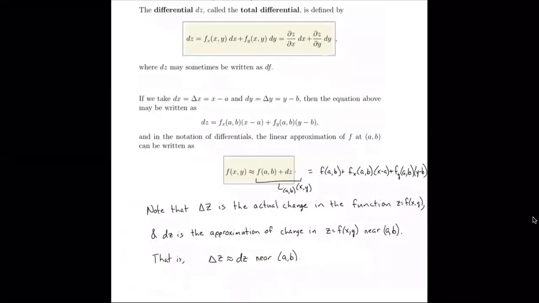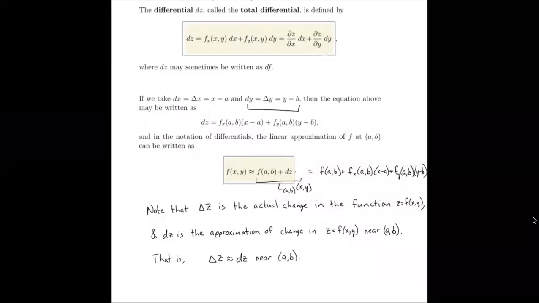Like we would do in Calc 1, as I've already pointed out, loosely speaking at least, since dx is an independent variable, we'll take it to be delta x as we choose. Independent variables give us our freedom of choice to select what value we want them to be. So we could choose that to be delta x, that is x minus a, and something similar for dy.